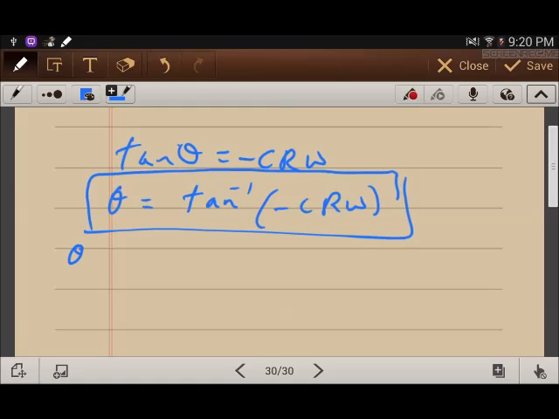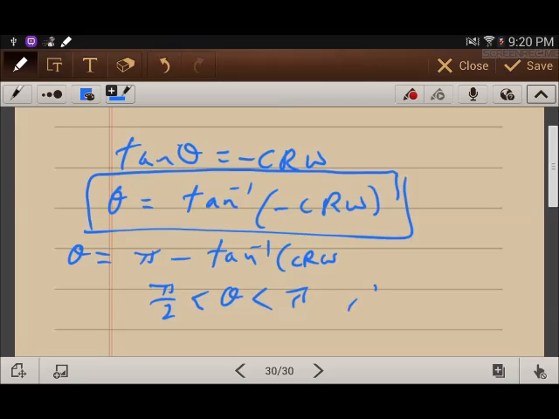To find it on the calculator, we simply put pi minus tan inverse C R omega, and it turns out that theta is between 90 degrees, pi over 2, and less than pi, 180 degrees, and when our C R omega is very large, then theta will equal 90 degrees or pi over 2.